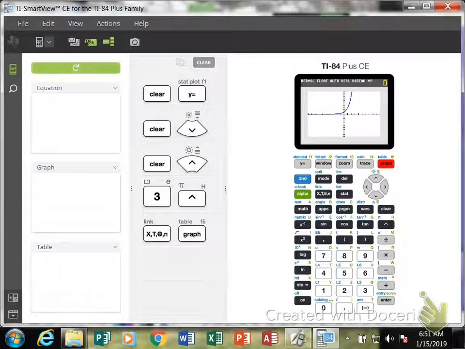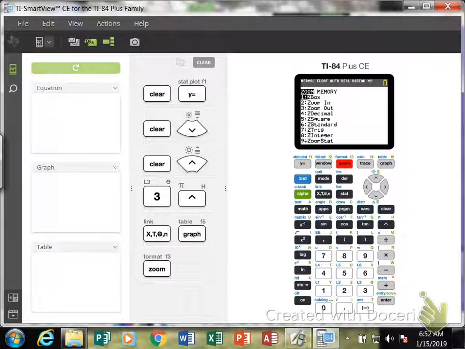Now you've got to be careful with this, because it looks like the blue line is on the x-axis, but if we zoom in a little bit more, we're going to see that it actually isn't.